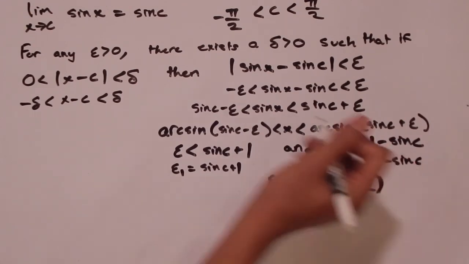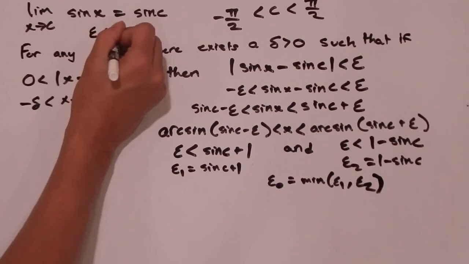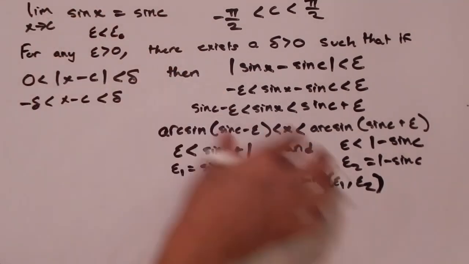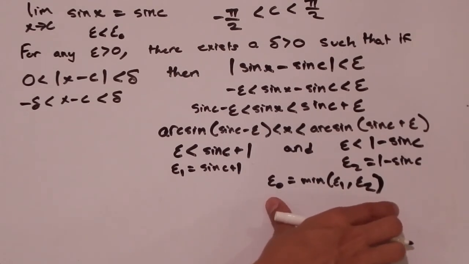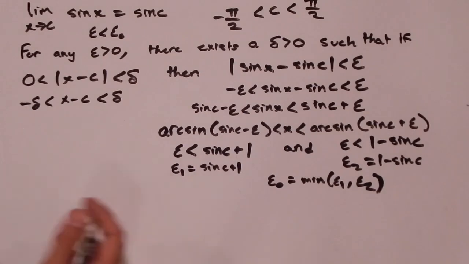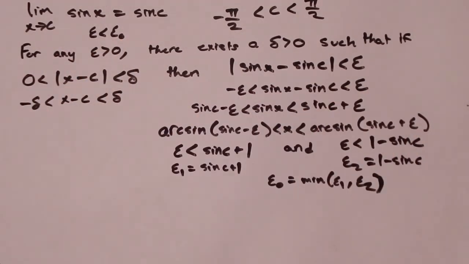And what I'm going to show is that it holds for any epsilon greater than 0, but less than epsilon naught. So I'm picking any epsilon value greater than 0, but less than the minimum of these two. And if I'm less than the minimum of these two, I know I'm less than both of them. So that's how I'm going to limit my epsilon values to make sure that this arcsine function here still works.